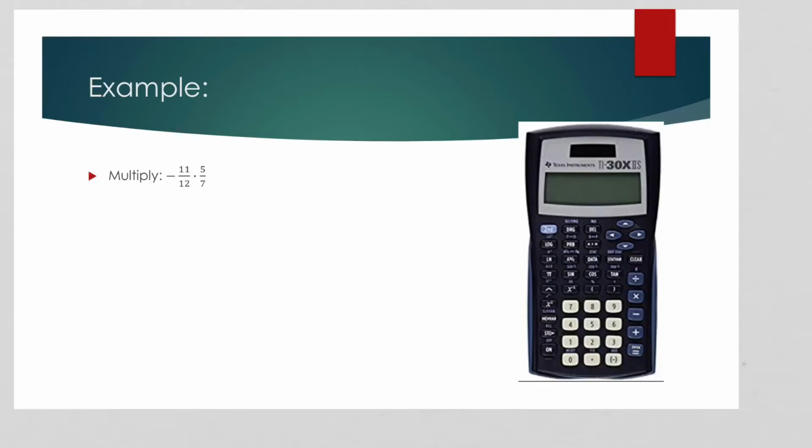Whenever you do that by hand, though, again, you can multiply straight across. Negative 11 times 5 is negative 55. 12 times 7 is 84. And that's what you should get on your calculator.